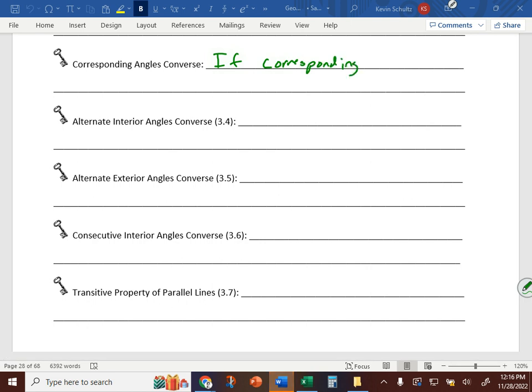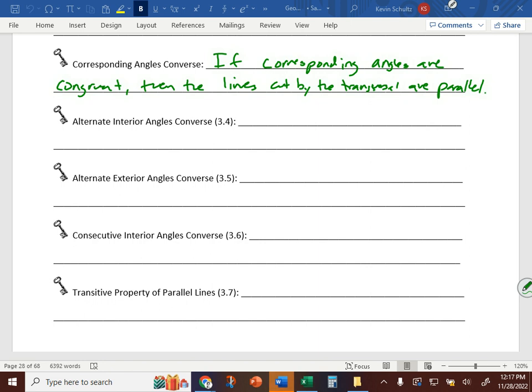If corresponding angles are congruent, then the lines cut by the transversal are parallel. If corresponding angles are congruent, then the lines cut by the transversal are parallel.